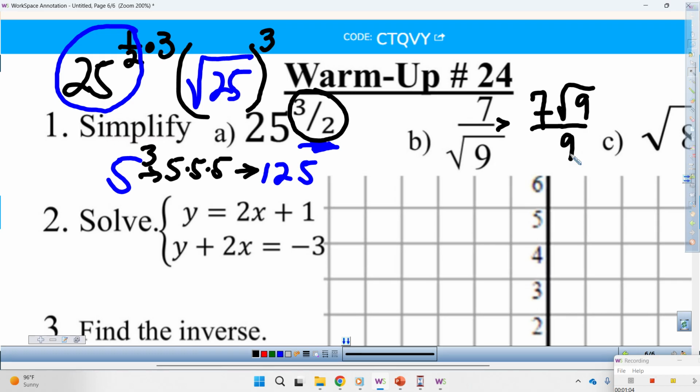All right. So if you follow the process, you should have ended with something like this. However, a little curveball for you. What is square root of 9? 3. So the answer is 7 over 3.